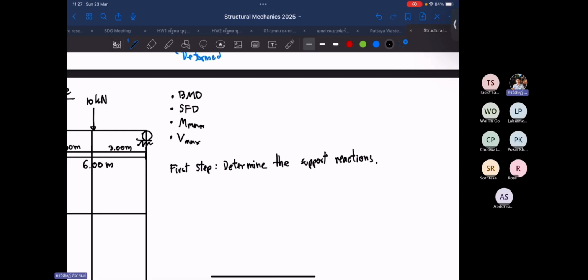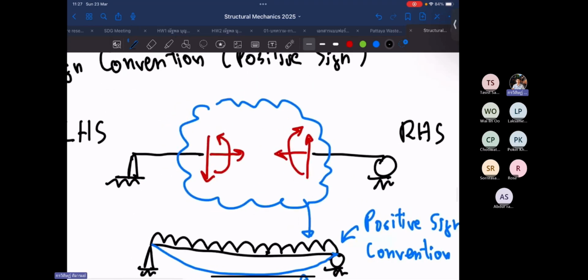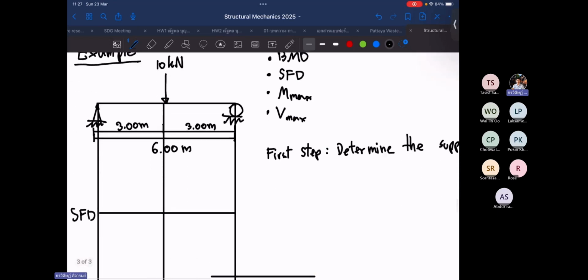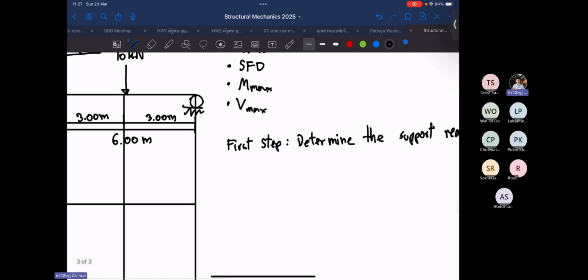First step, you need to determine the support reaction, because if you don't know the support reaction, you cannot perform the equilibrium of rigid body calculation. We have to detach the beam from its support and represent it by the support reaction. So this one is the first step of this calculation.